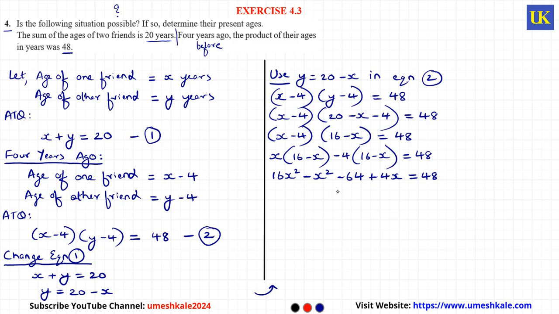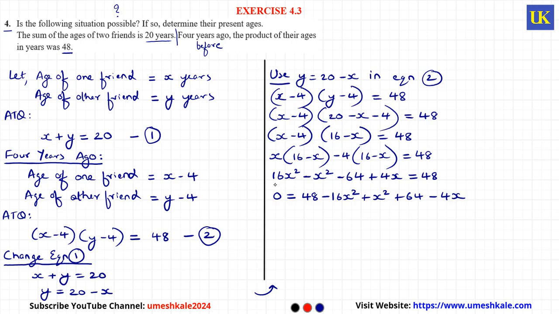Now we will send everything to the other side. So here it will be 0, and 48 will be as it is, and minus 16x plus x square plus 64 minus 4x.